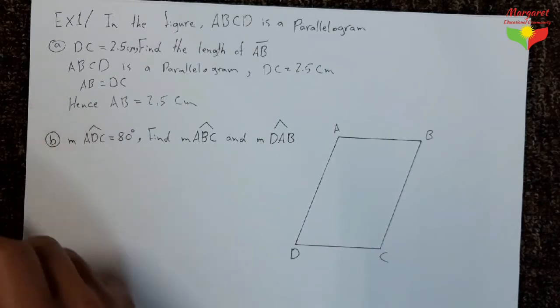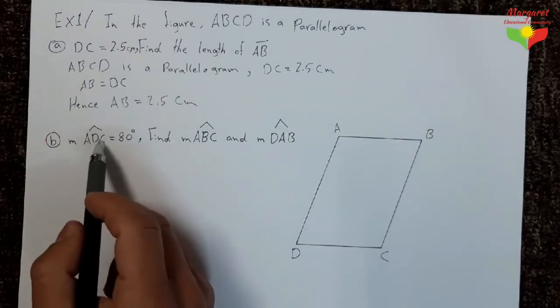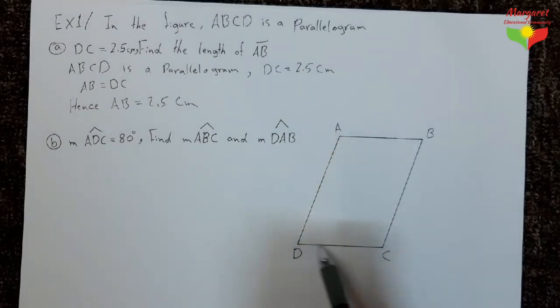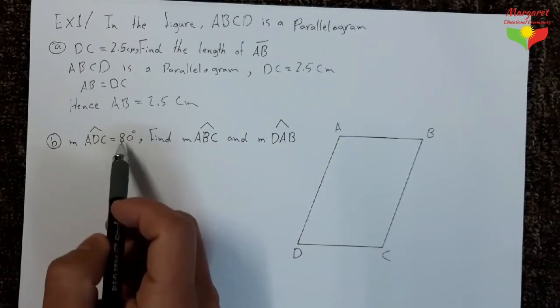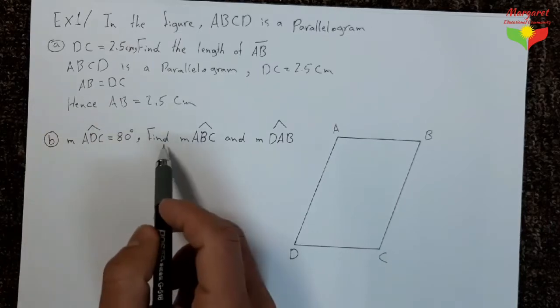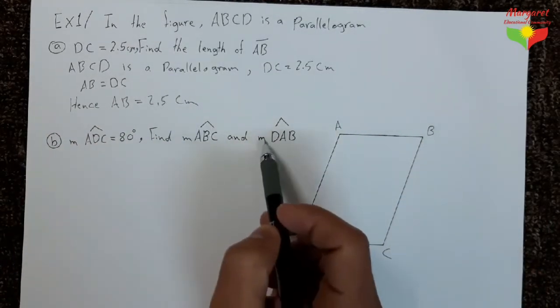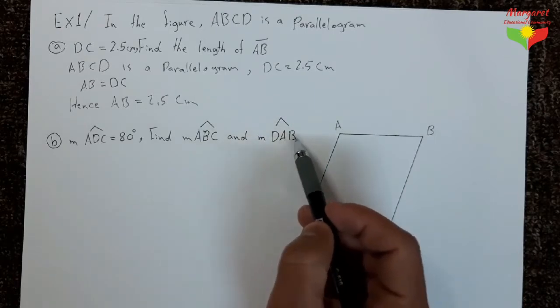Part B says measure of angle ADC equal to 80 degrees. Find measure of angle ABC and measure of angle DAB.